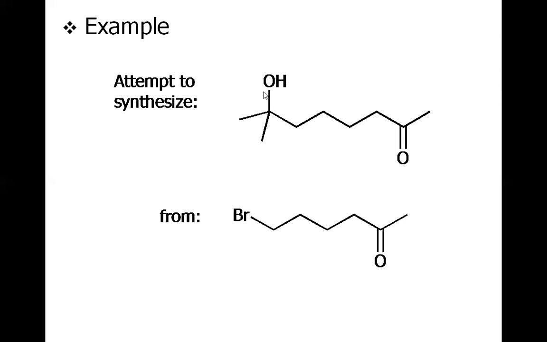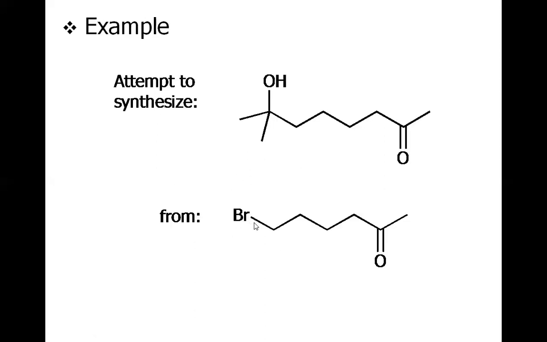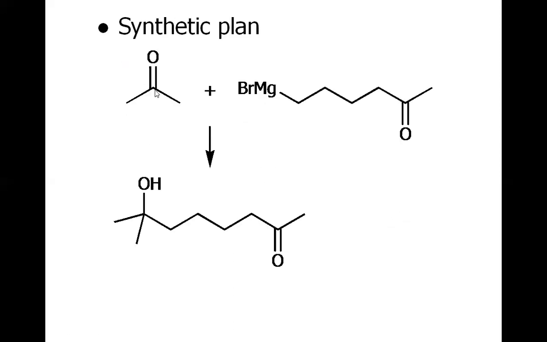And you can see this tertiary alcohol here. If you recall, a tertiary alcohol is made from the reaction between a Grignard reagent and a ketone. So you must be thinking of converting this molecule into the Grignard reagent by treating with magnesium in ether, and then taking acetone with this Grignard reagent.